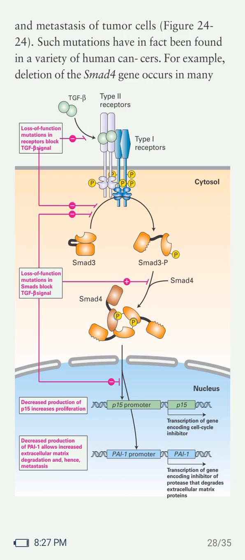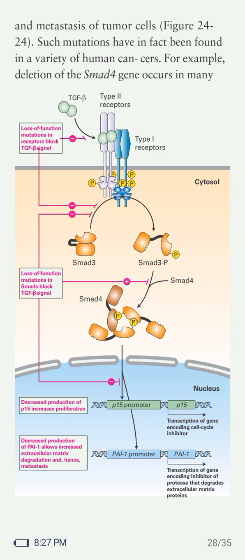So TGF-beta is there. Loss of function mutations in receptors block TGF-beta signal. Type 2 receptors are there. Type 1 receptor is there. Then blocking is there. Cytosolic region, SMAD3, SMAD3B. Loss of function mutations in SMADs block TGF-beta signal. SMAD4. Then decreased production of p15 increases proliferation.